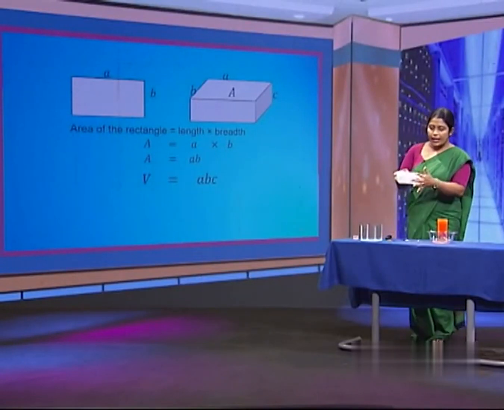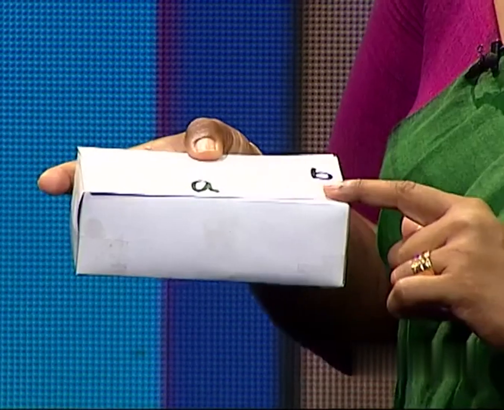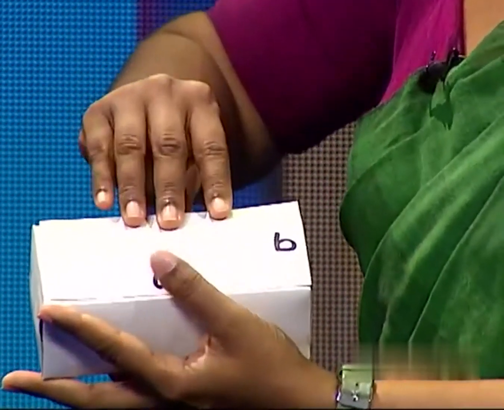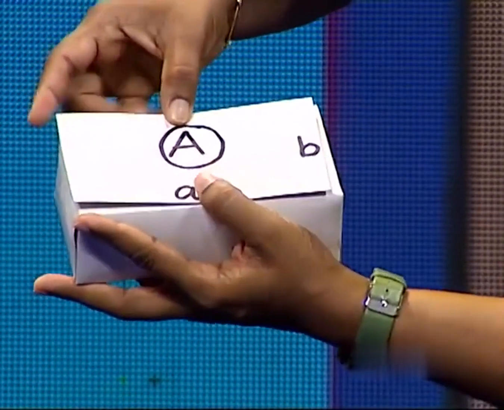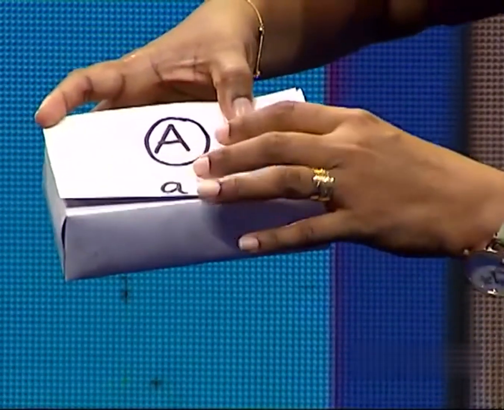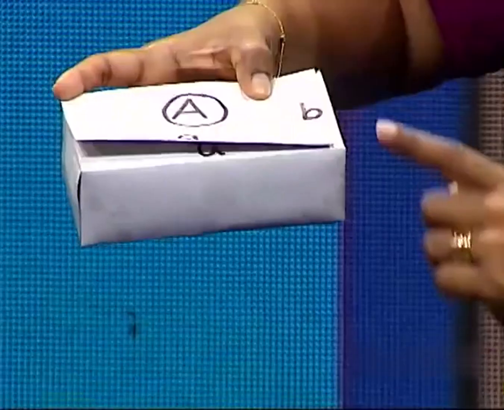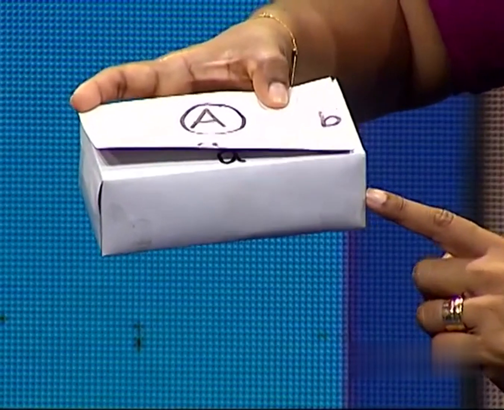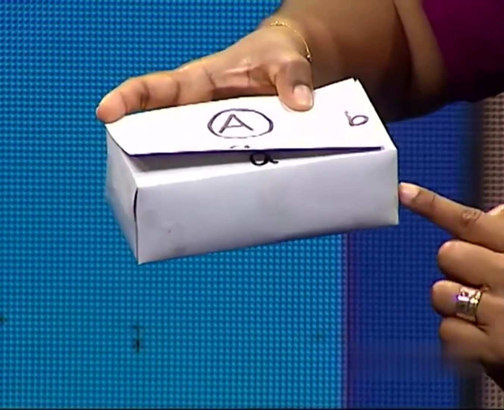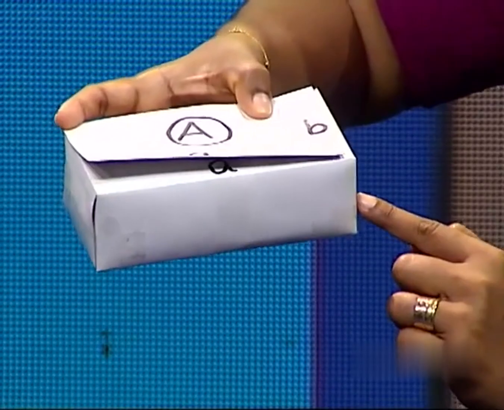Instead of A times B, you can use the term A or the area of this side. ABC means the volume of A times B times C is the volume of this cuboid.